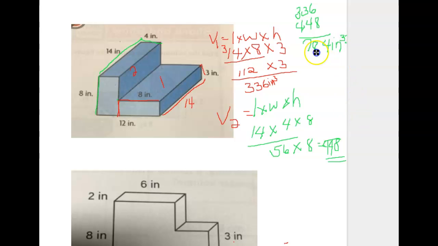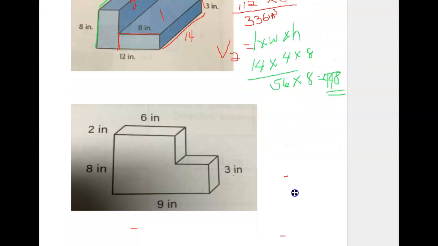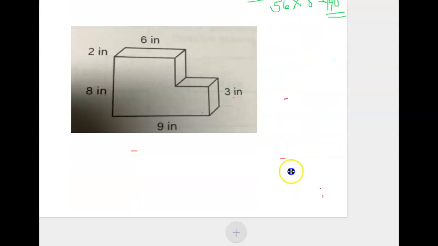Okay? So 784. Now let's move on to the third box or prism. We are going to divide this, and the easiest is to draw a line from a corner all the way down. Okay? We can divide this way and that way. But for the meantime, I want you to master dividing it this way.